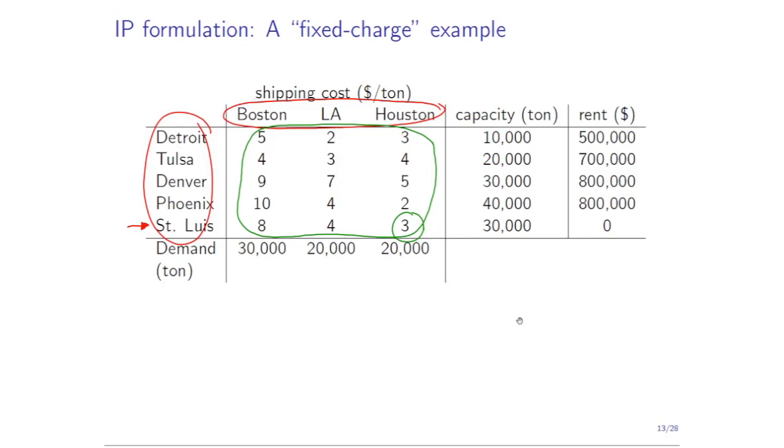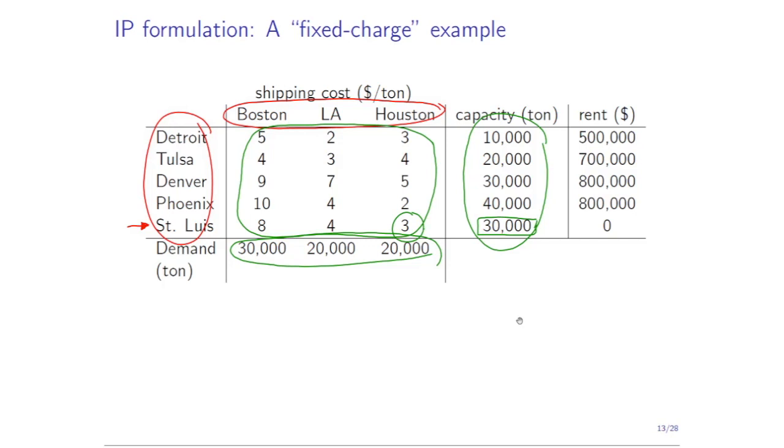This part tells us about the demand that the company tries to satisfy. So Boston needs 30,000 tons of rice, and so on. We also have the information about the capacity of the depots. The current capacity of the company is this, the St. Louis.